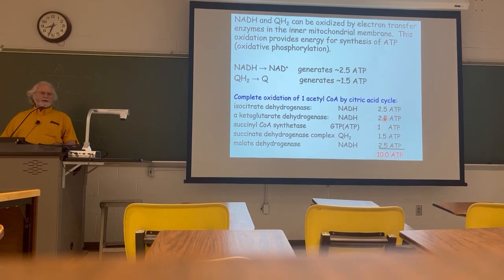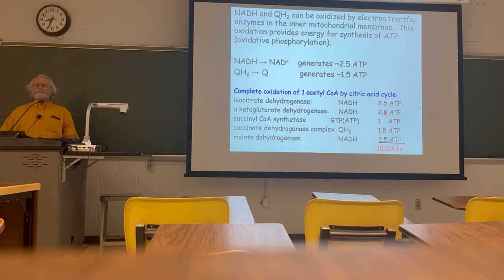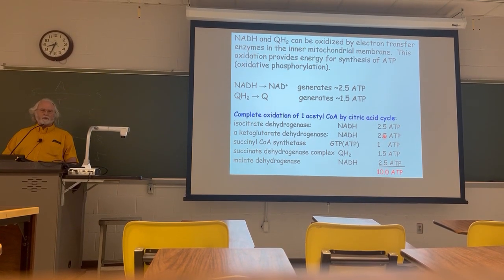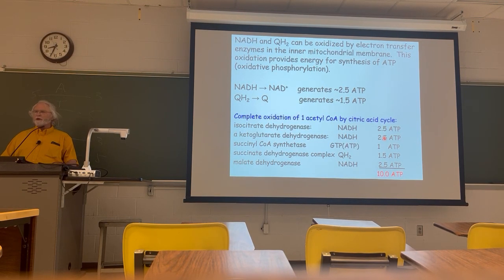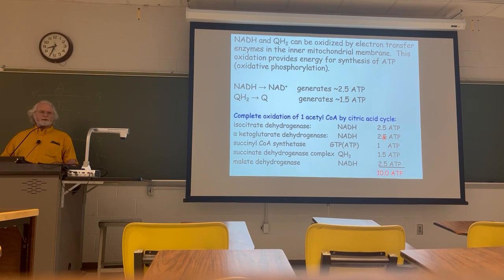As NADH and ubiquinol are oxidized, that happens in mitochondria, and we're going to talk about that. It happens through protein complexes that are in the inner mitochondrial membrane. That provides energy for synthesis of ATP.